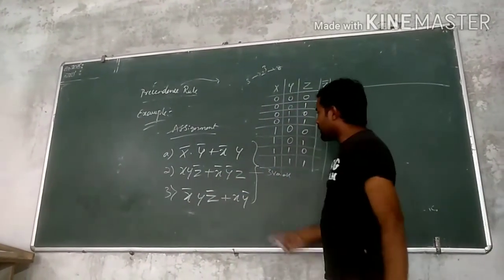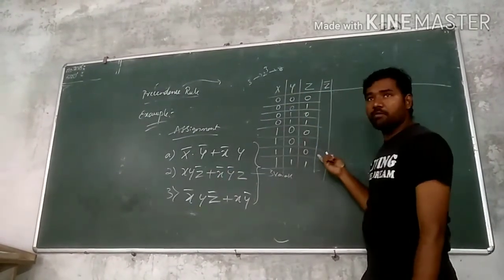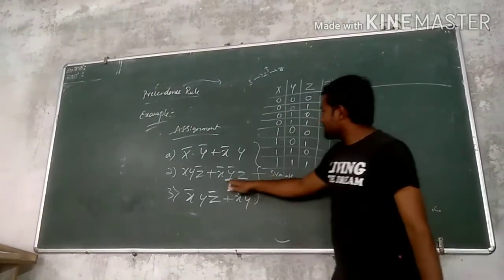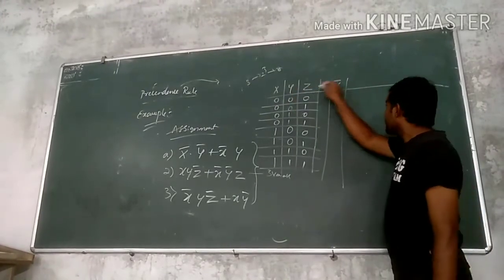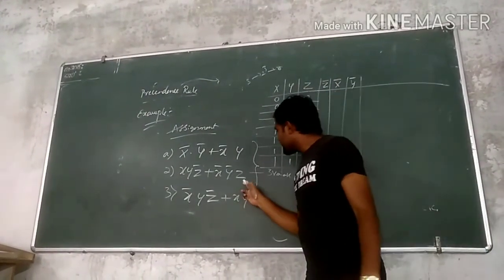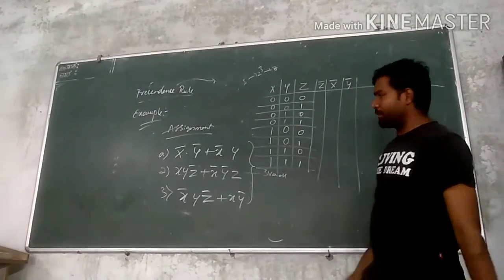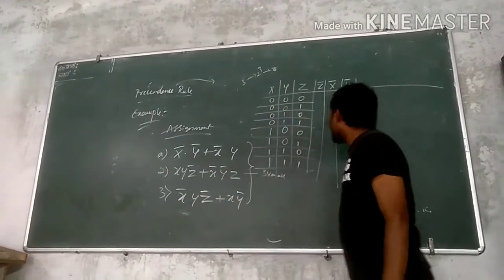Come back to the next equation. Here we don't have the x complement value, so find out the x complement. Next we have y complement. We only have y, but we need to calculate y complement. For z, we have the z value, so there is no need to calculate it separately. Next, x y z complement is not available, so we need x y z complement.